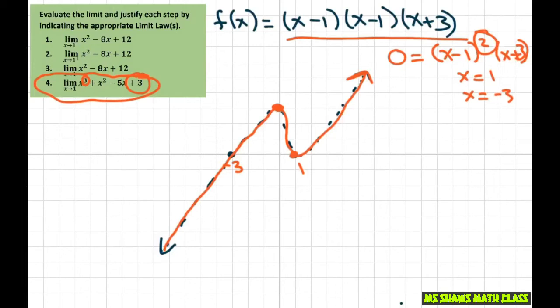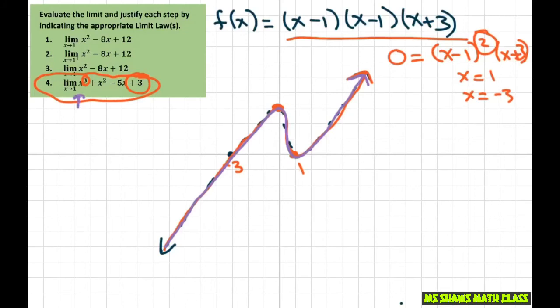So that's the graph. But if you notice the graph, it's smooth and continuous. All polynomials are smooth and continuous. So we don't have to take right-sided and left-sided limits. All we have to do is plug in 1 into our equation.